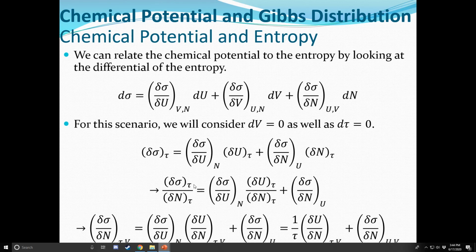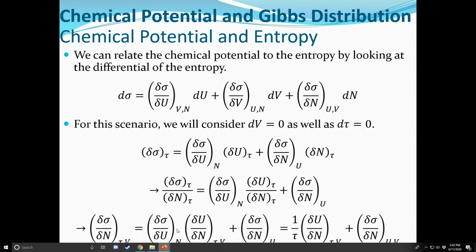From here, we can combine this into one complete term as a function of tau and v. And then we end up having these all combined together. Remember, when we divide it over, we have to include the volume being constant because that's what's going on.